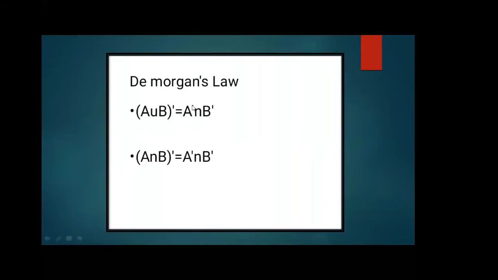A complement means U minus A, and B complement means U minus B. Then (A intersection B) complement is equal to A complement union B complement. This is statement number 2 of De Morgan's law.